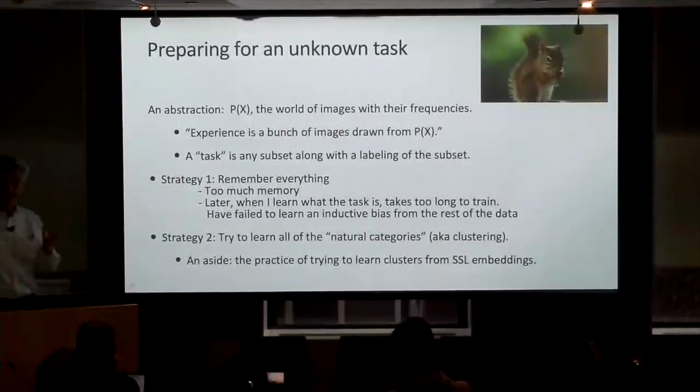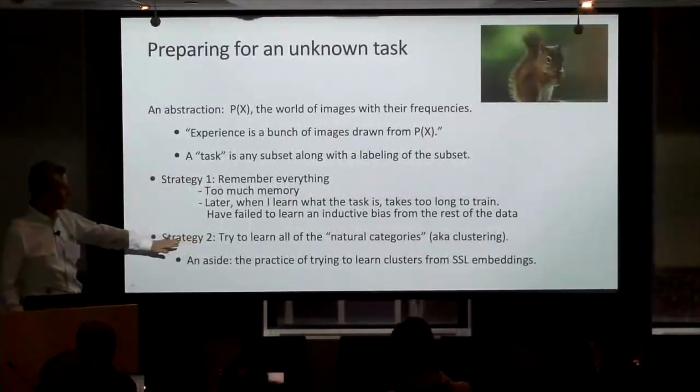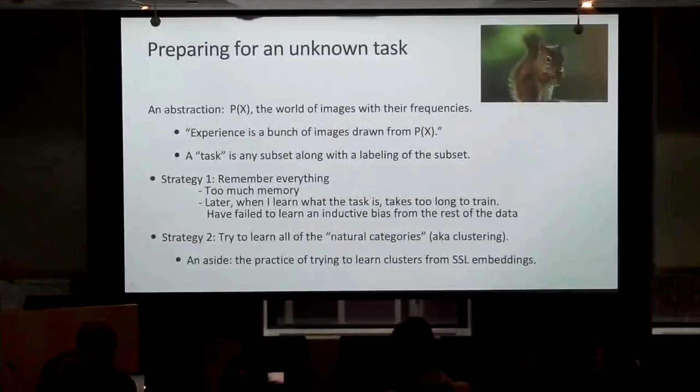The idea is if you have 1 million images that are unlabeled, if you could come up with all the categories, then you only need one label per class, and you've already got a perfect Bayes optimal classifier. That's pretty good. So there's a strong incentive to just learn what the natural categories are.